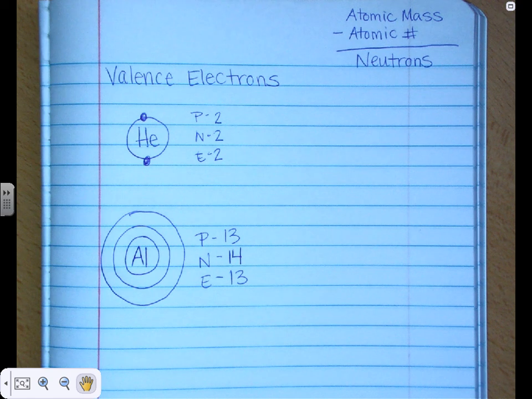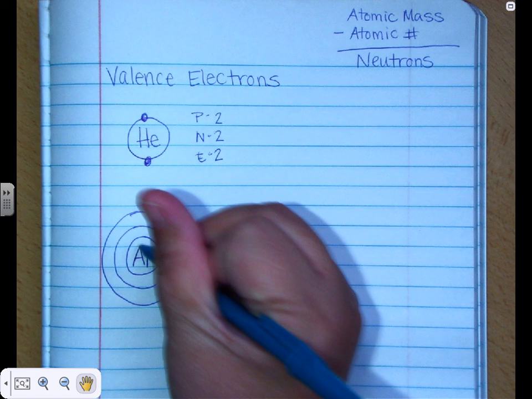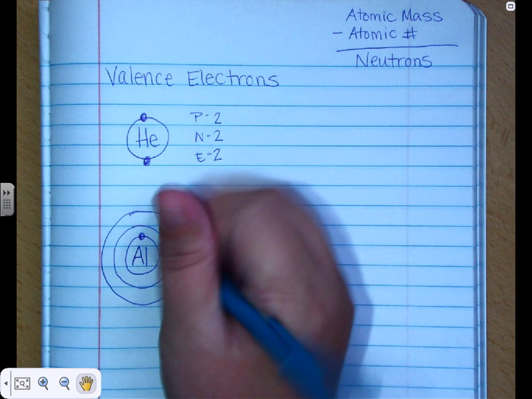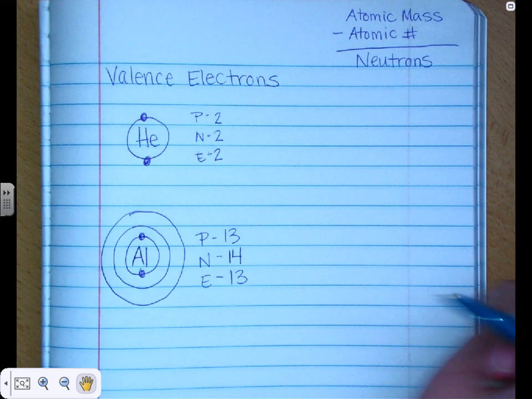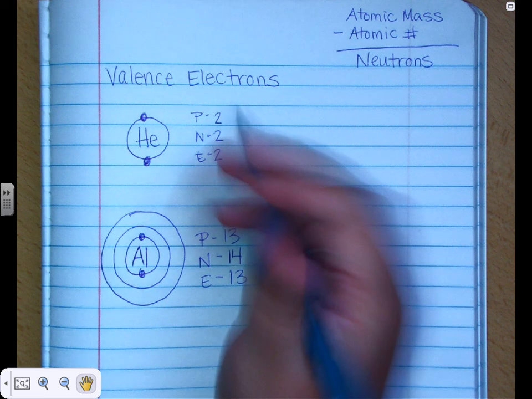Good. Okay, so how many electrons am I putting on my Bohr model? 13. Okay. How many electrons are allowed to go on the first energy level? 2. Whoever said 4 needs to study. Okay. 2 go on the first energy level. How many are allowed on the second energy level? 8.